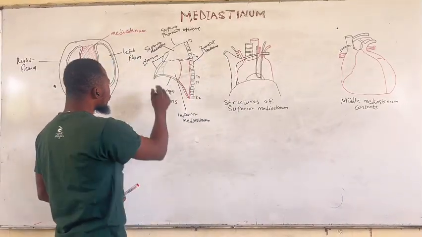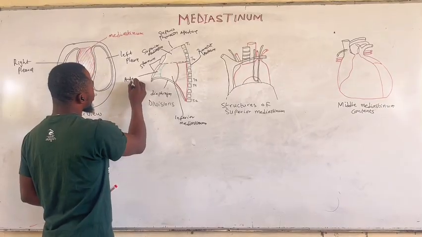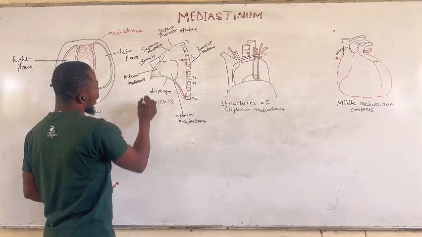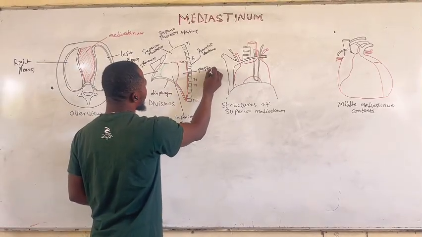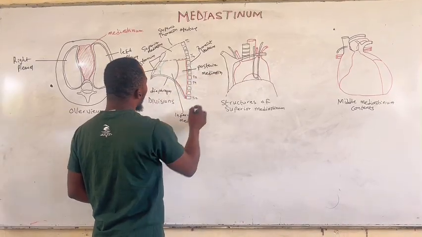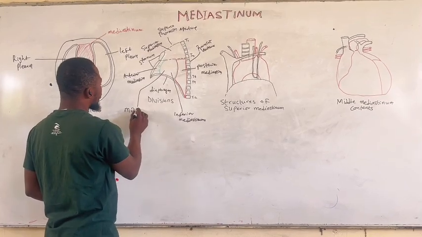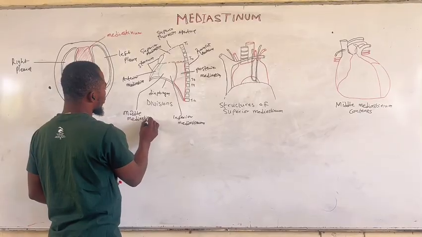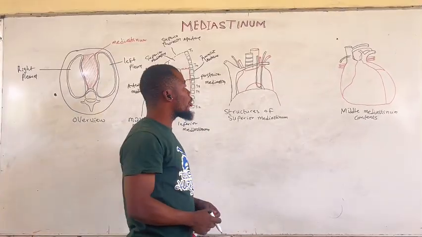So from here, in front of the pericardium is the anterior mediastinum, behind the pericardium is the posterior mediastinum, while the pericardium itself forms the middle mediastinum. So this is about the divisions of the mediastinum.